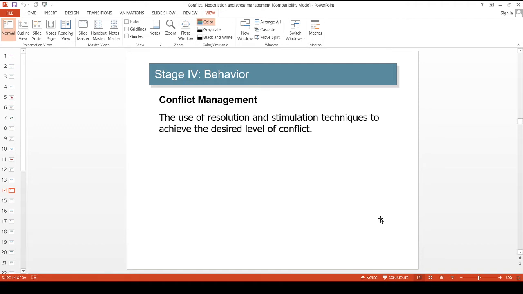Functional conflicts are typically confined to the lower range of this continuum. In this situation, resolution and stimulation techniques are used to achieve the desired level of conflict, and in this stage the managers will use their behavioral solutions in order to resolve the conflict situation.